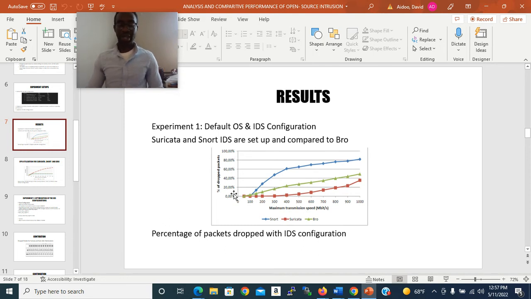The result tells you that there was a drastic change, with Snort dropping the highest when the speed got higher, and Bro followed, while Suricata attained the best outcome. So with higher speed, Snort dropped the highest, Bro was second, and Suricata so far has the best result.